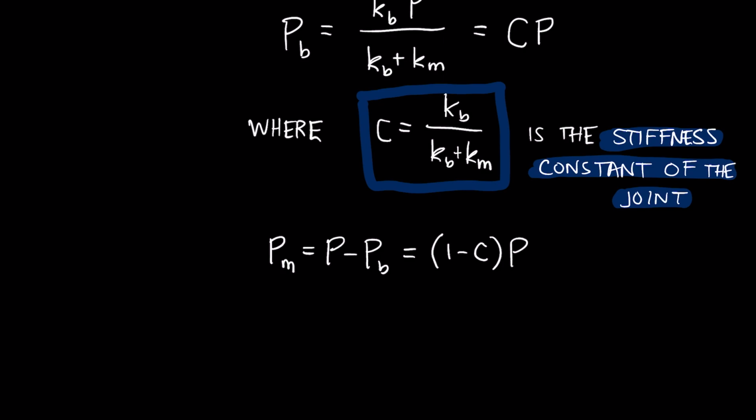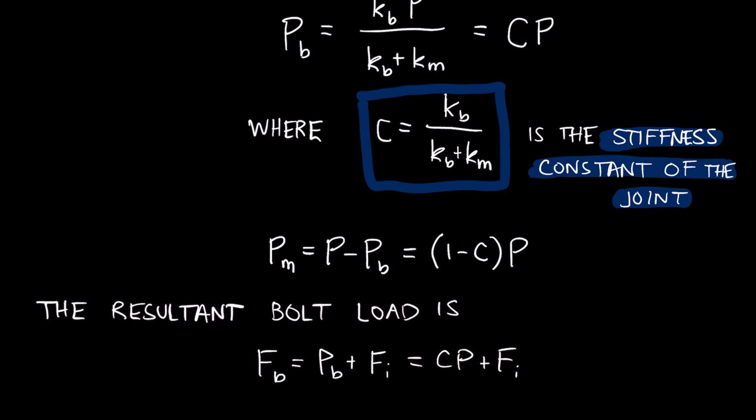So the total resultant bolt load is here. And remember that we add these two together because the external load is tensile, at least in this example. So that is positive, and when we apply a preload, we also cause tension to develop in the bolt.